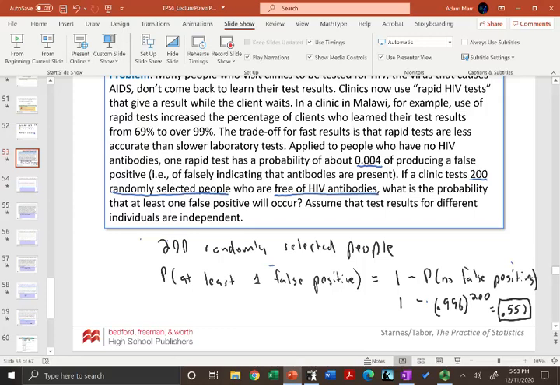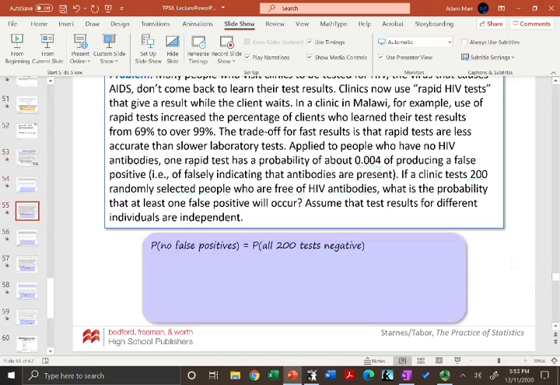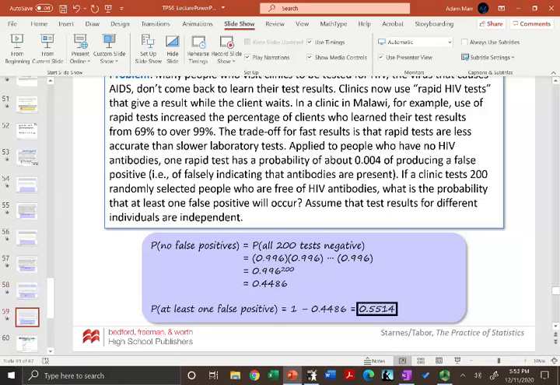You can also look right there. That's the same way they first found 0.996 to the 200th power, then took that answer and subtracted it from 1. Same thing.